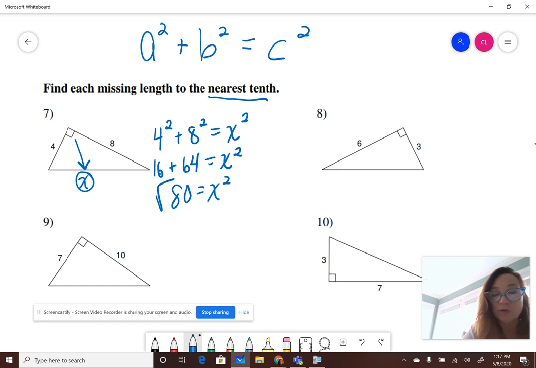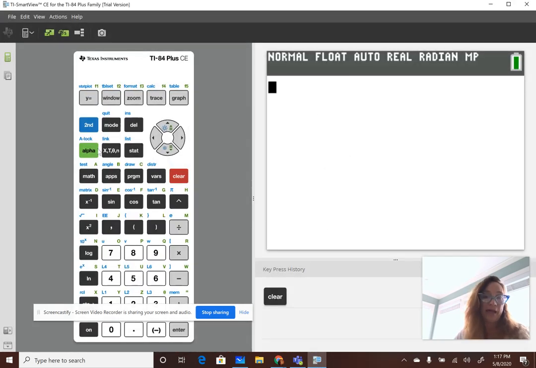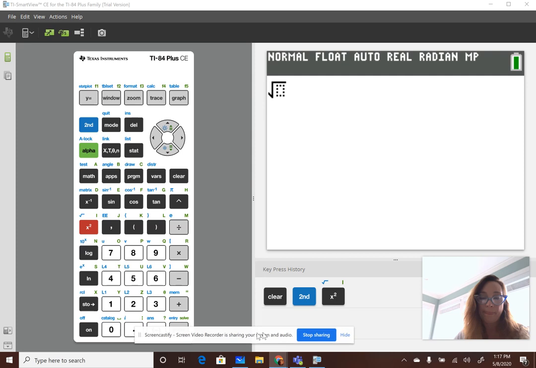So we take the square root of both sides, and we get x is approximately, I'm going to show you on my calculator. My calculator is a little different. Okay, so on mine, my square root is right here above the x squared, which is the same place as on yours, just it looks a little different.